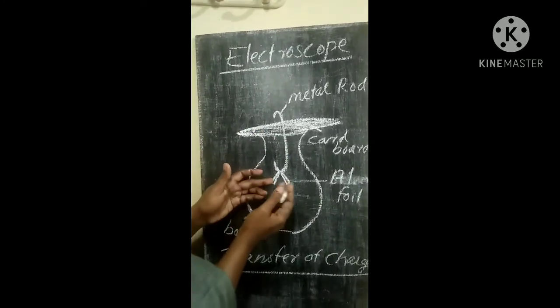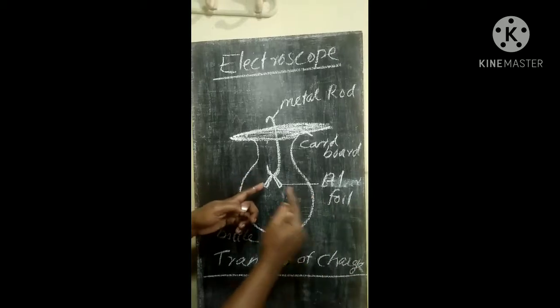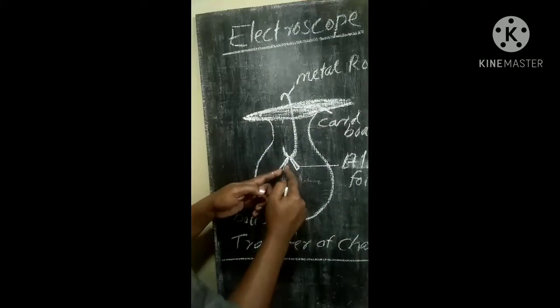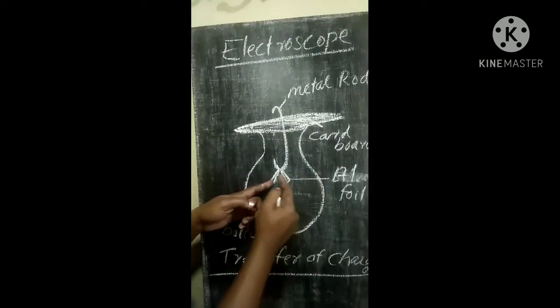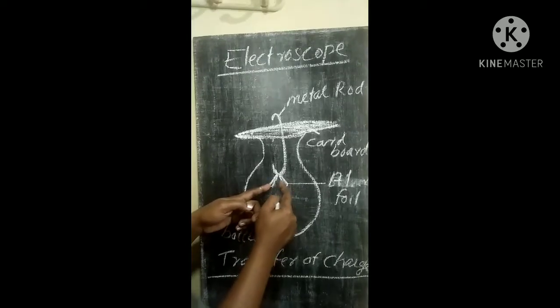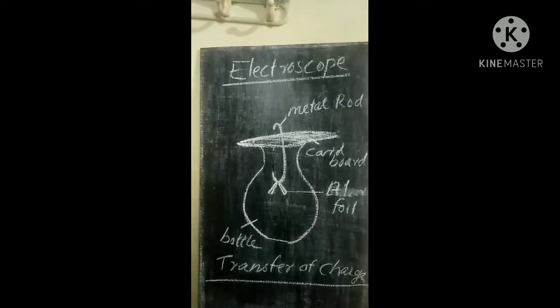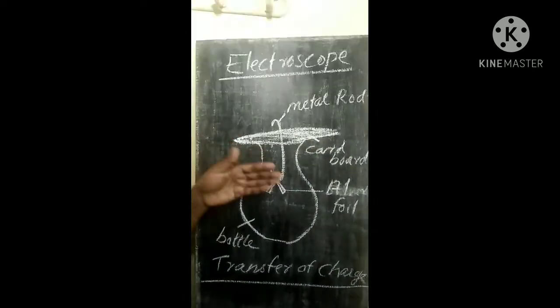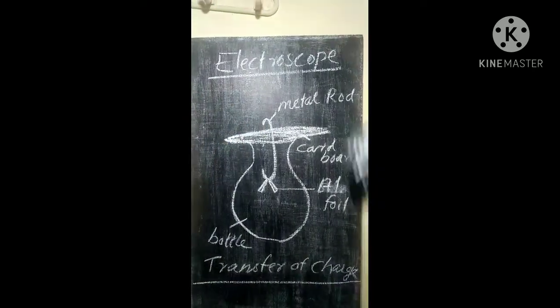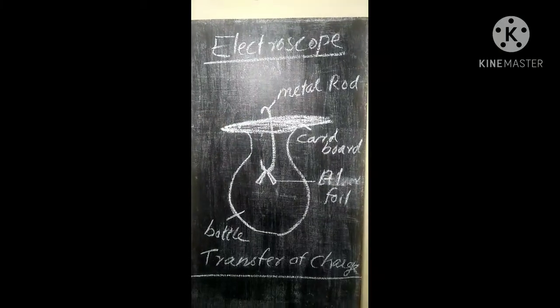The two strips, or two pieces, of aluminum foil are hung from the hook of the electroscope. And this is all about the construction of the electroscope.